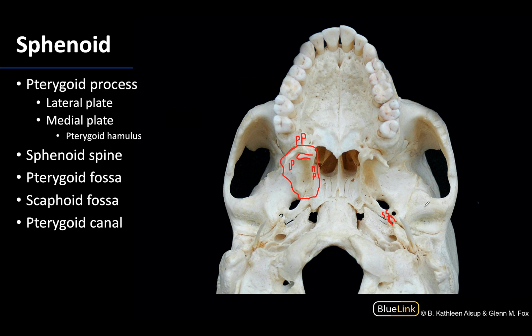It's going to be near the foramen spinosum, as well as the external opening of the carotid canal. So those are two structures that I like to find because they're easier to locate in order to find the spine here. So it's a spine or a projection, so this likely means something attaches here, which is the case, and it's going to be the sphenomandibular ligament.